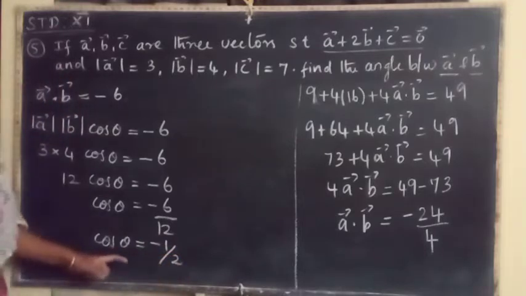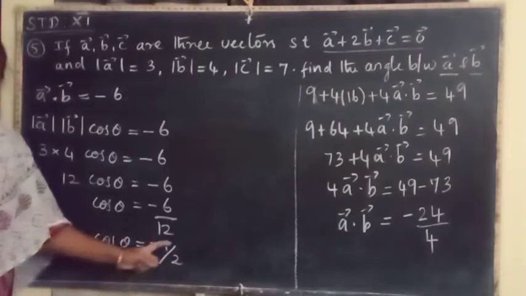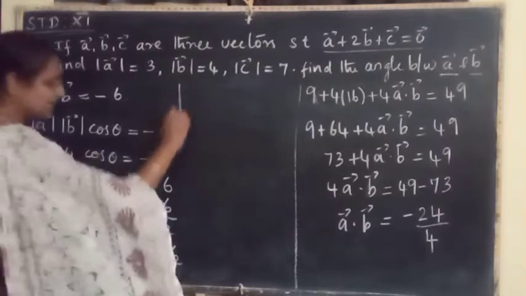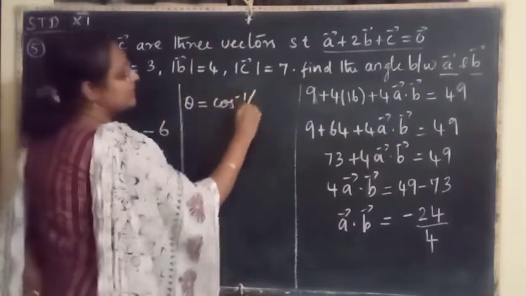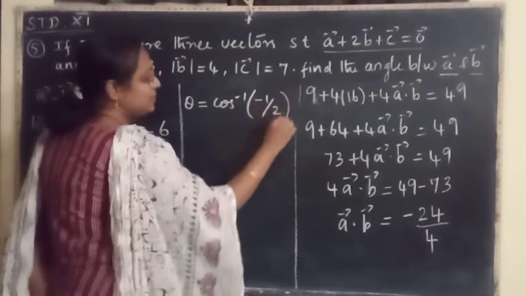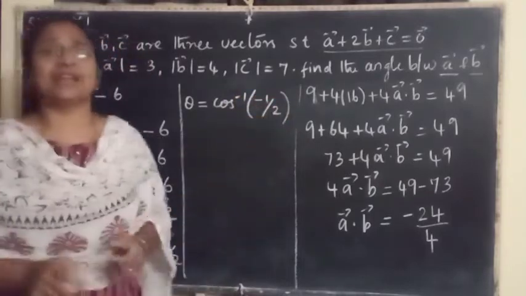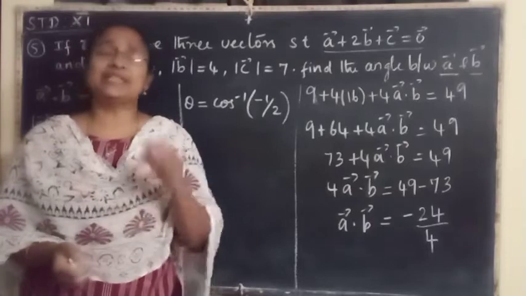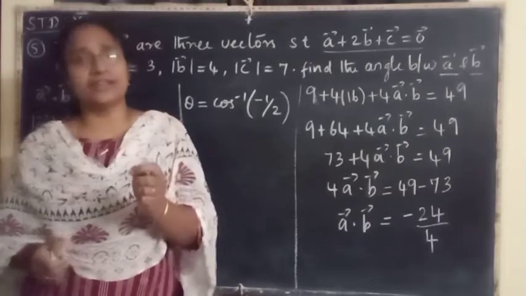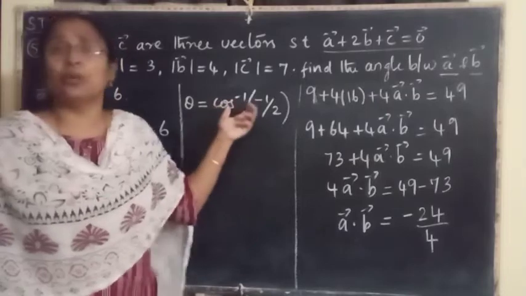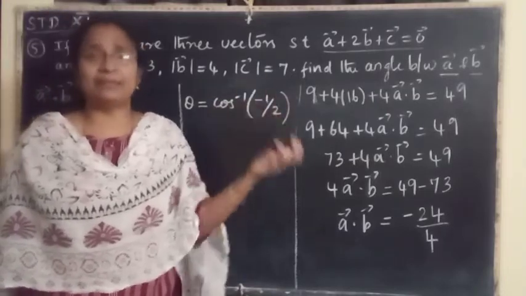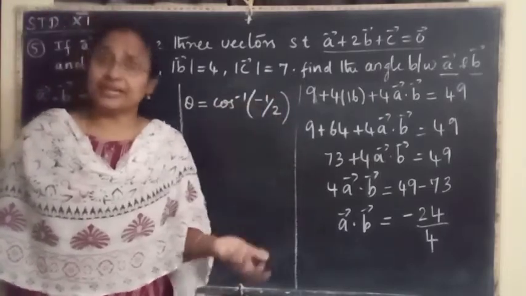So now what is the meaning of this cos theta equal to minus 1 by 2? So theta equals cos inverse of minus 1 by 2. In our 10th standard we have learnt, isn't it? Theta values are 0 degree, 30 degree, 45 degree. For each value we have cos theta values 0, 1 by 2, 1 by root 2, root 3 by 2.